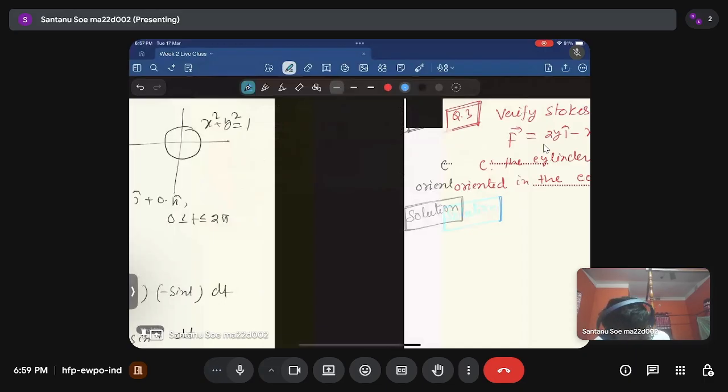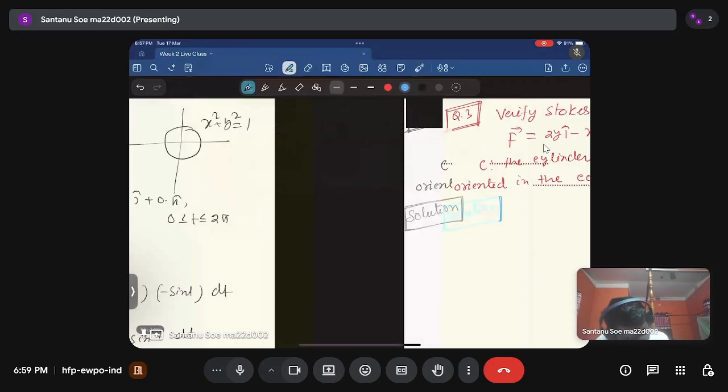So curl F dot n cap is going to be minus 3 by root 2 minus 3 by root 2. So this is just minus 3 root 2.